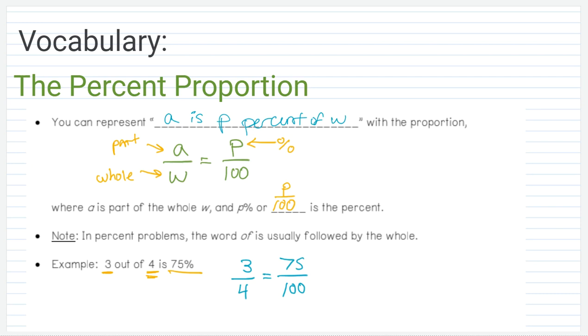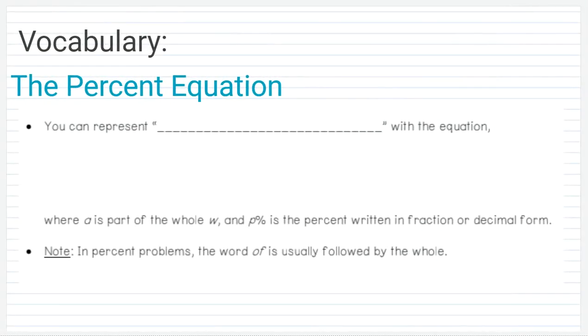If we take a look at the other strategy we can do, that is the percent equation. And again, we can represent the phrase A is P% of W with the equation, and our equation is going to be in the form A equals P multiplied by W, where A is, again, the part. So the nice thing between the proportion and the equation, the variables mean the same thing. So A is going to be the part.